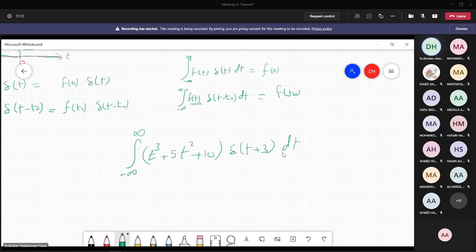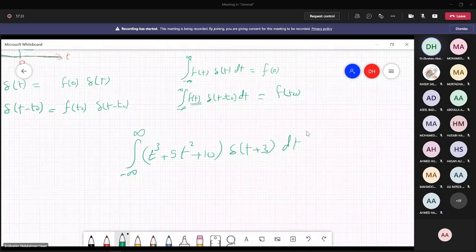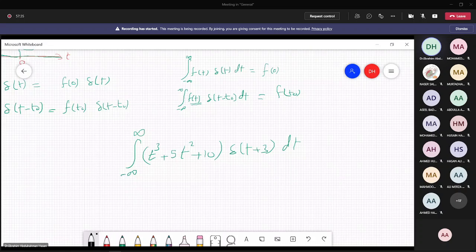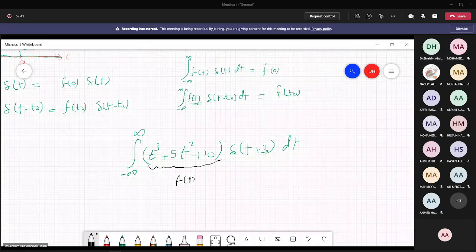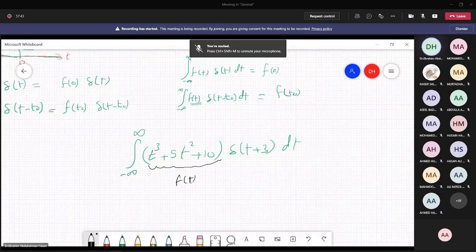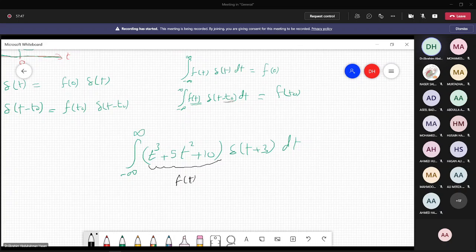This is exactly the same as this one, which means you just need to evaluate f of t at t naught. This is my f of t, and this is delta t minus t naught. So t naught here is equal to minus 3, so you just need to find f of minus 3.